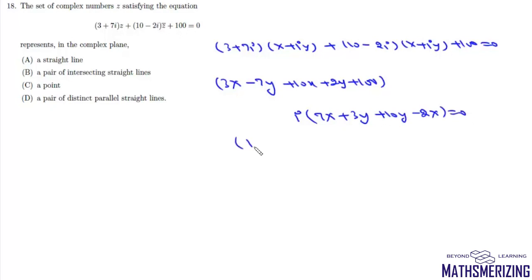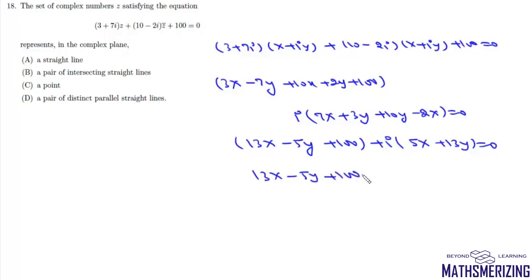So we'll get this condition as 13x − 5y + 100 + i(5x + 13y) = 0. So the conditions will be 13x − 5y + 100 = 0, and 5x + 13y = 0.